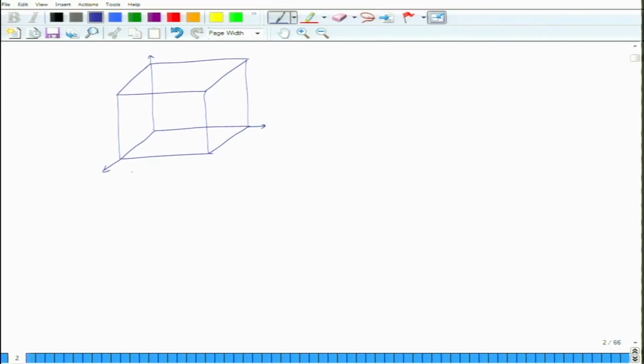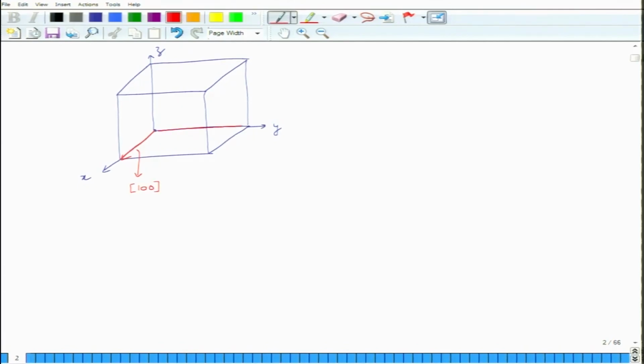So you can see that in this system, if this is x, y, and z, this direction is depicted as, what would this direction be if I take this as origin? This would be 1 0 0, because you have intercept of 1 along x. So this is 1 0 0.